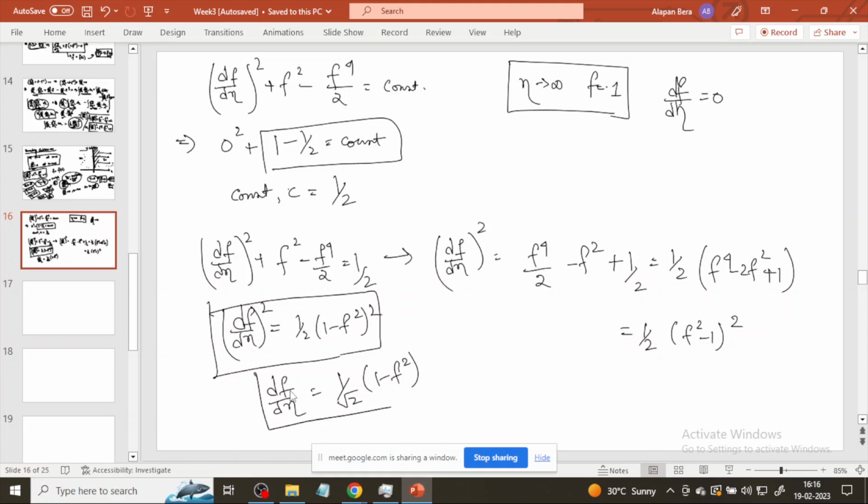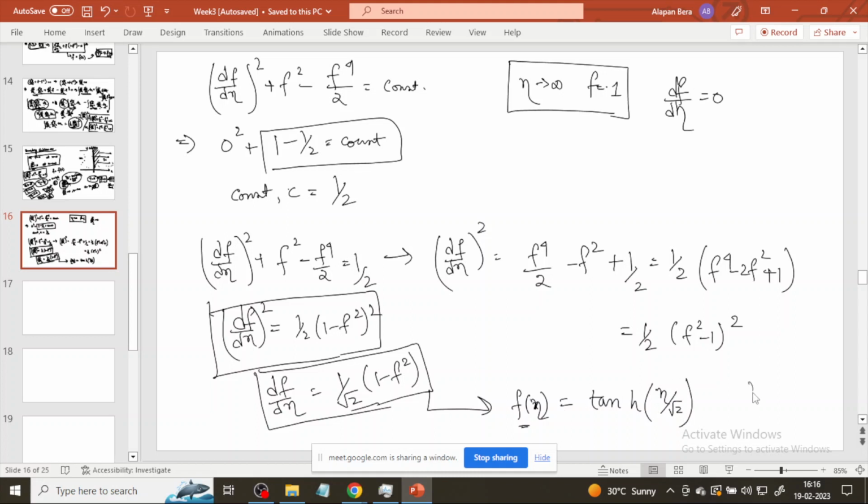Now this is a very trivial differential equation, so you can easily solve it, and by solving it you can get the explicit function of x. Initially this can be written as eta. If you solve this, you get f of eta equal to tan hyperbolic of eta by root 2.